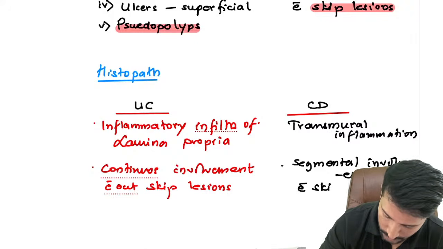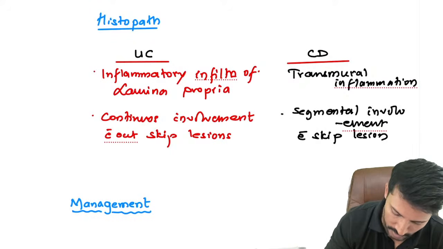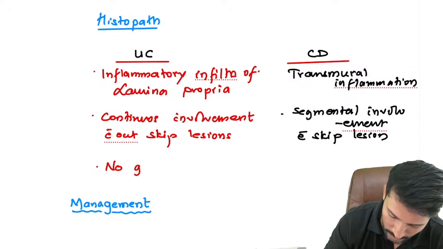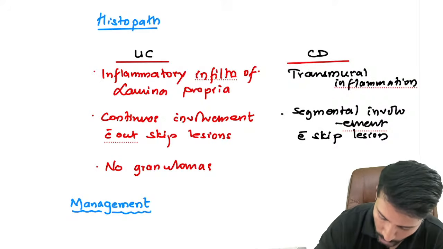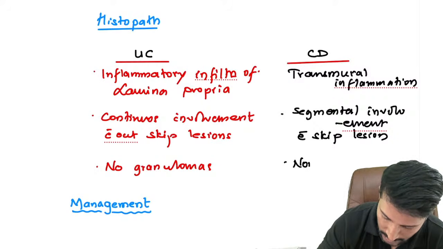The third thing we have to mention is whether granulomas are present. There are no granulomas in ulcerative colitis, and in Crohn's disease you do have non-caseating granulomas.